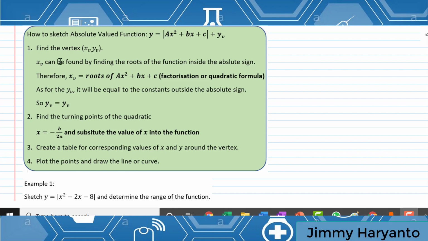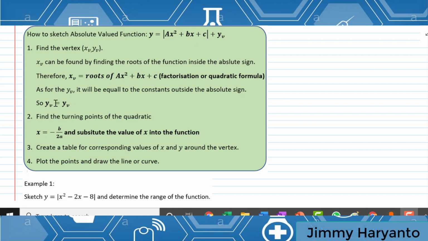The first step is to find the vertex xv, yv. As you know, xv can be found by finding the roots of the function inside the absolute sign, but this time, because it is a quadratic function, you have to find it using factorization or the quadratic formula. And yv is the same, the constant outside the absolute sign.